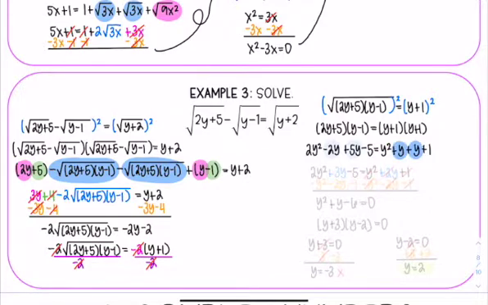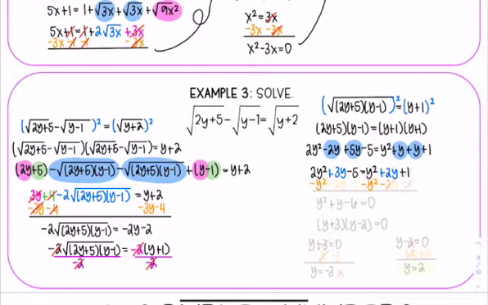And so we can combine like terms. So we have 2y squared plus 3y minus 5 equals y squared plus 2y plus 1. And so again we have quadratics, so the goal is to set this equal to 0. So I'm going to subtract y squared from both sides.